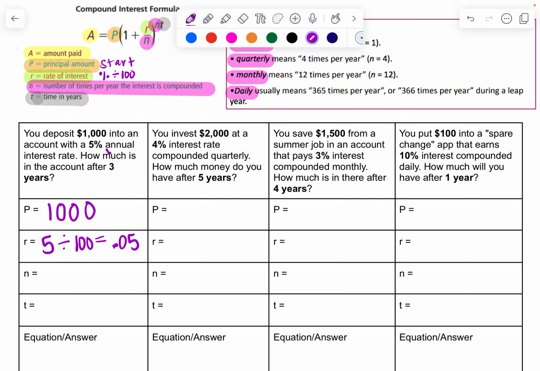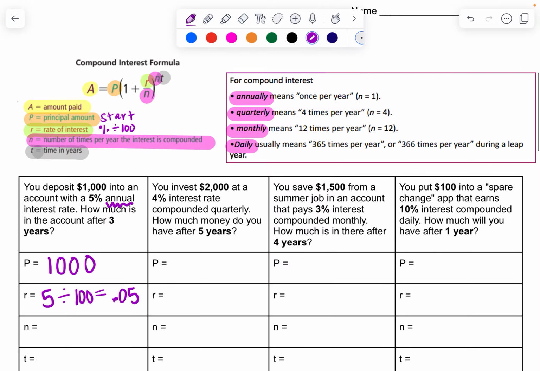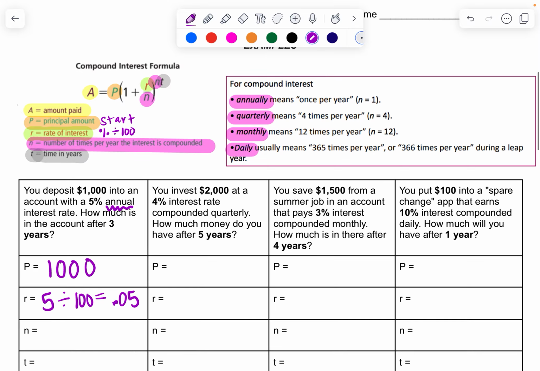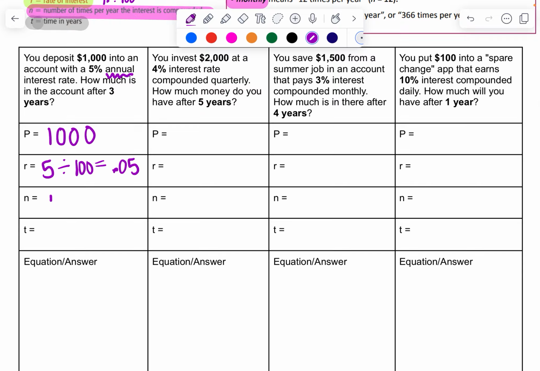N, they say it's annual. So according to our little table up here, annual means N equals 1. And then they said 3 years. So T, the time is 3. We also need to do N times T. So N times T is 1 times 3, which is 3.